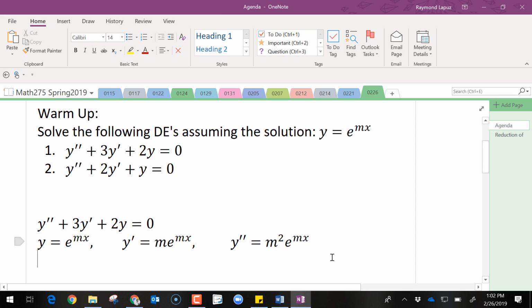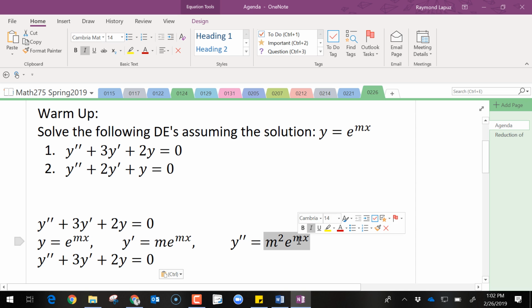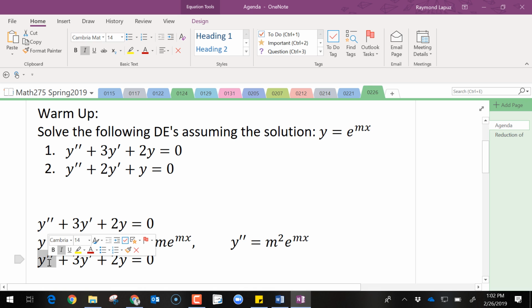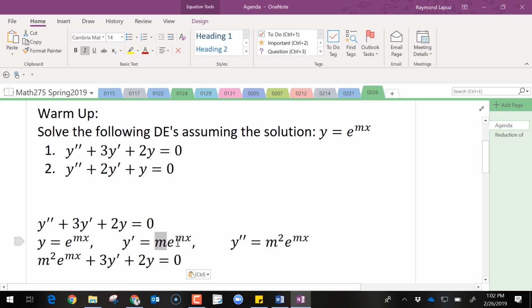And what happens when you put all that stuff in there? We'll take the double prime, we'll take the prime, and then we'll take the original, and then we want this to be equal to 0, right?